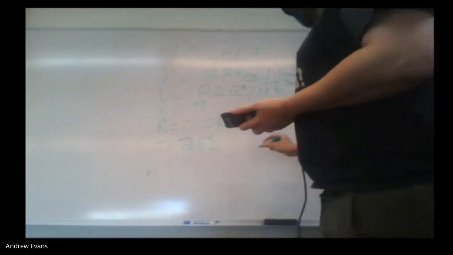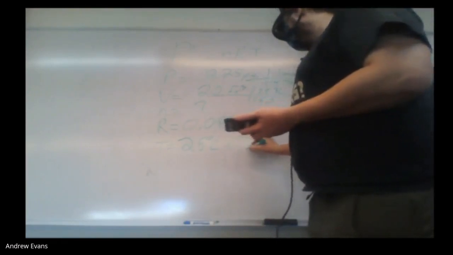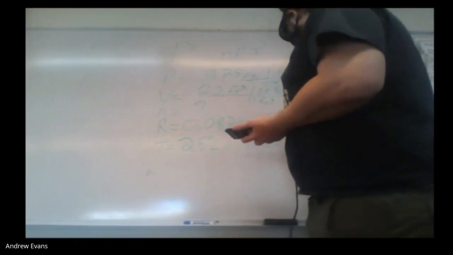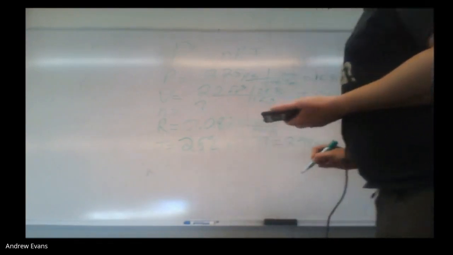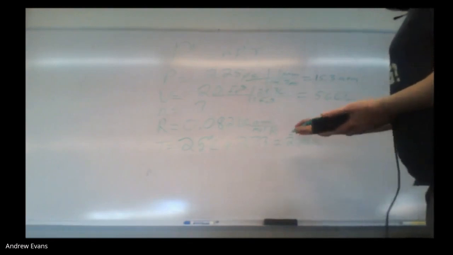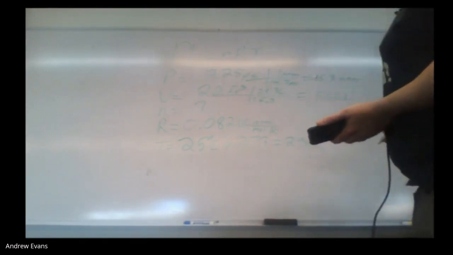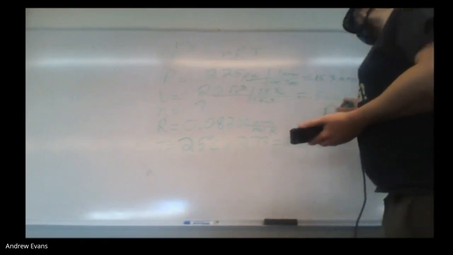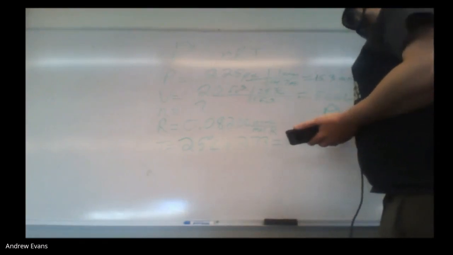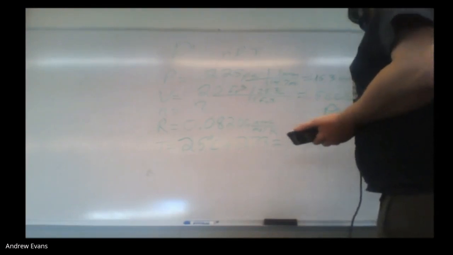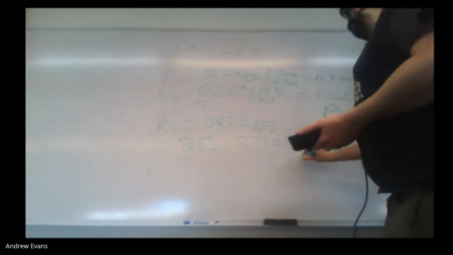And finally, turning 25 degrees into Kelvin, we have 298 Kelvin. We got all of our units. We're going to isolate our moles, get it by itself. So we have PV over RT equals n. And now we just plug in and solve.